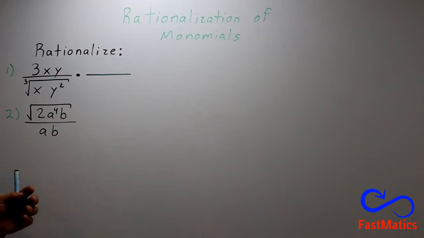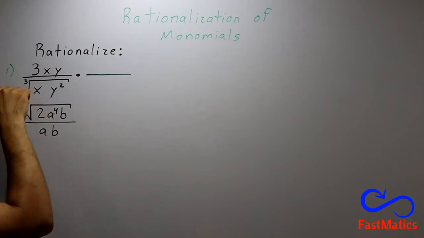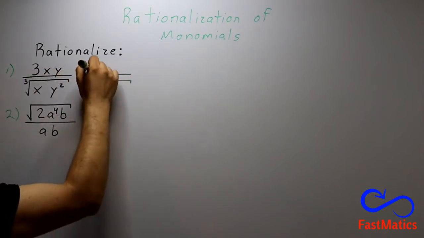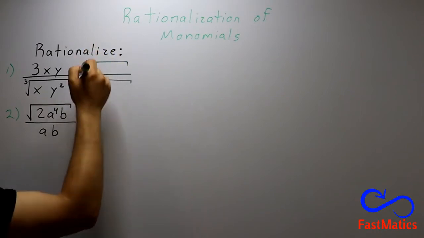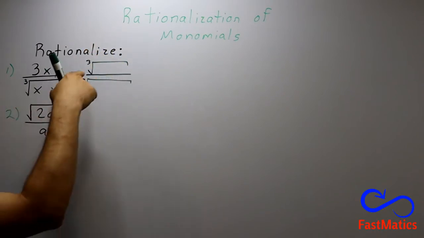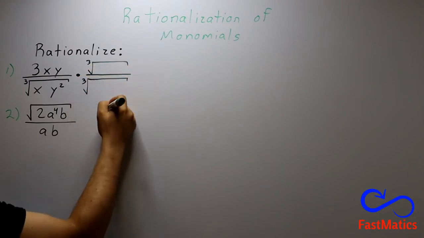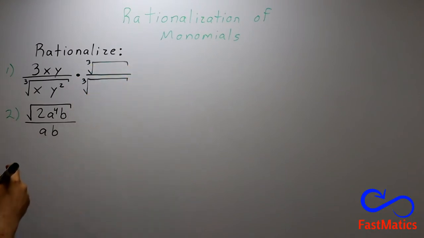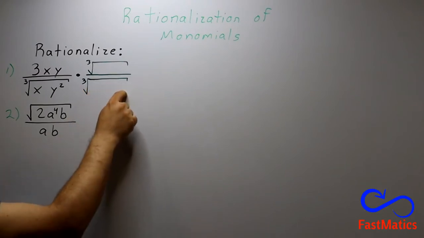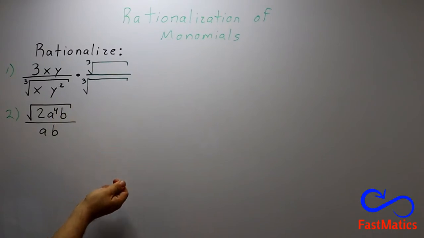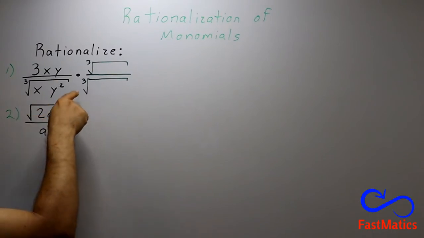You are going to get an equivalent expression. So, if you have a cube root, you put a cube root. If you have a square root, you put a square root, etc.